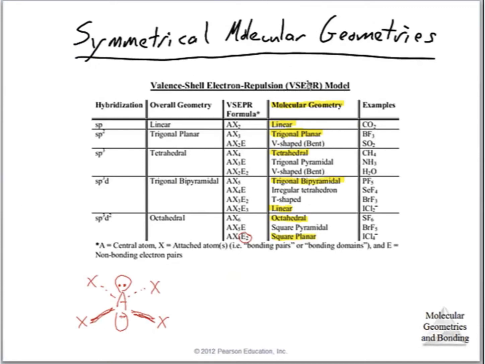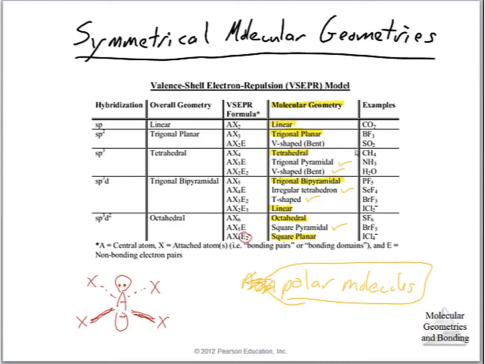So with the symmetrical geometries, one thing you can say about polar molecules is that for these particular geometries, no matter what atoms are attached together, essentially for us, we're going to treat those as polar molecules.